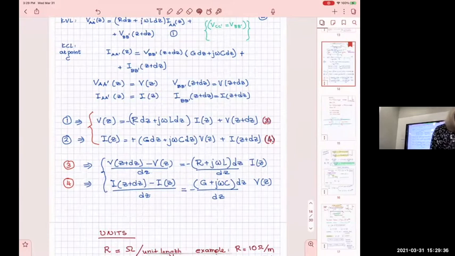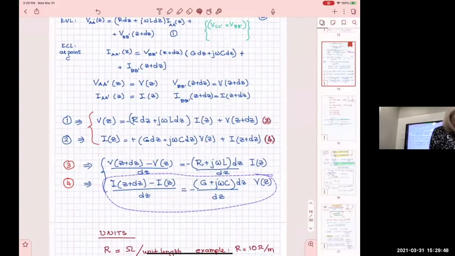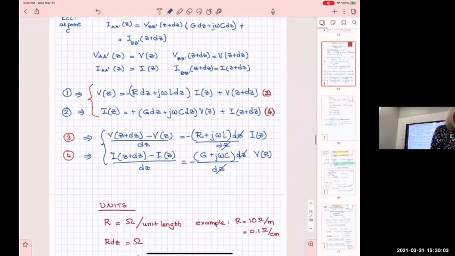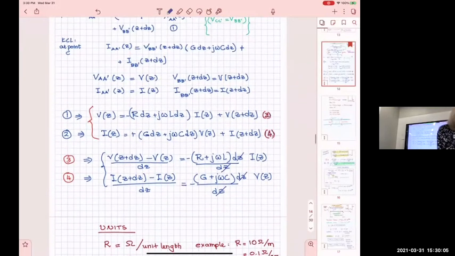Then I have this expression that has all of the V's on the left and the I on the right, and this expression that has all of the I's on the left and the V on the right. And there I stop for a moment and observe them. First of all, what you observe is that these two cancel, all right? And therefore, what else do you observe? What is this one here?